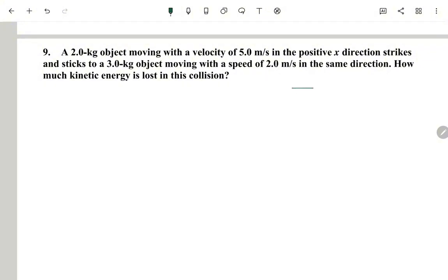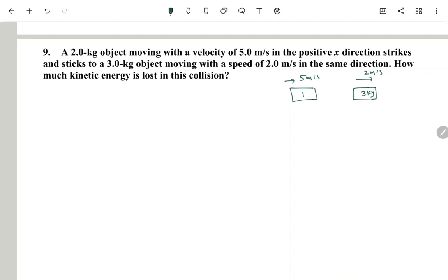We have an object, let's name it 1, with mass equal to 2 kilograms and velocity 5 meters per second, moving in the positive x direction, and it strikes another object here, mass equal to 3 kilograms, moving in the same direction with a speed equal to 2 meters per second. Now, both objects stick together after the collision, which means this collision is completely inelastic. The question is, how much kinetic energy is lost in this collision?